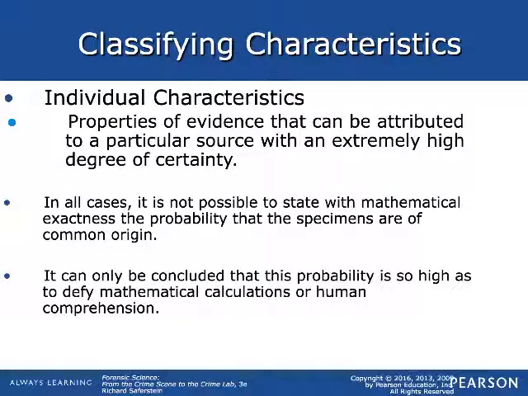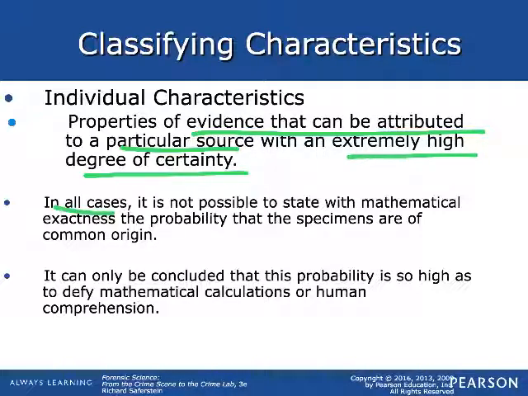Now, individual characteristics are properties of evidence that can be attributed to a particular source with an extremely high degree of certainty. So it's coming from the Buick that Bob drove when he was at the crime scene, not just a Buick. In all cases, it's not possible to state with mathematical exactness the probability that the specimens are of common origin.